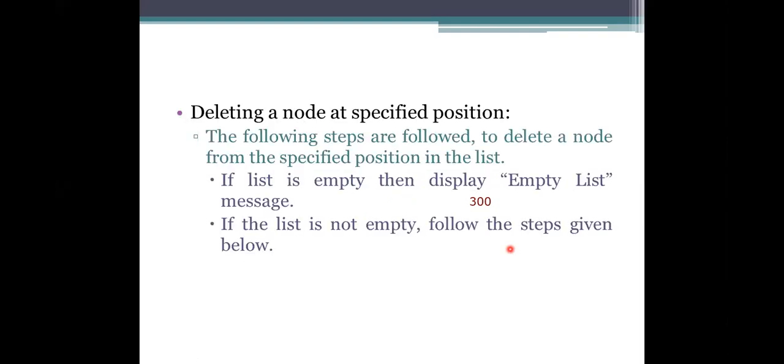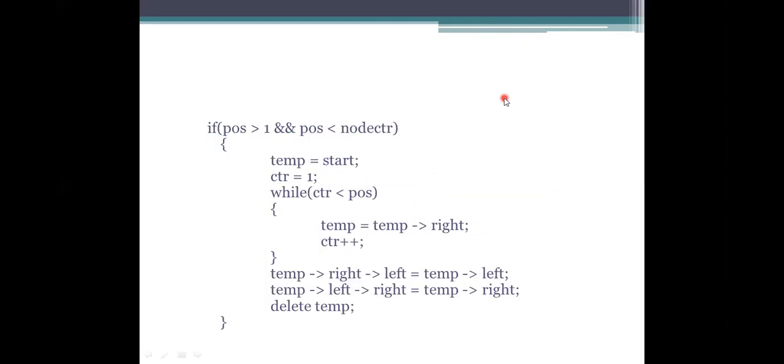If we are deleting at a specified position, we need to give after which node we need to process that deletion. So here I need to take the position. I need to know whether it has one or more nodes.